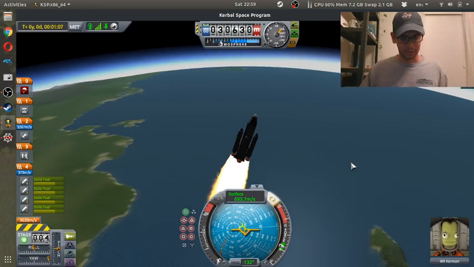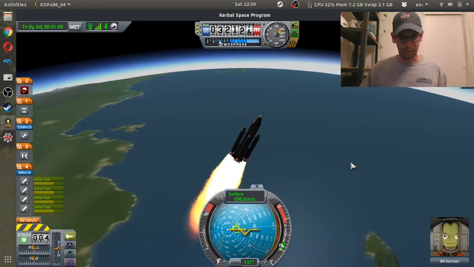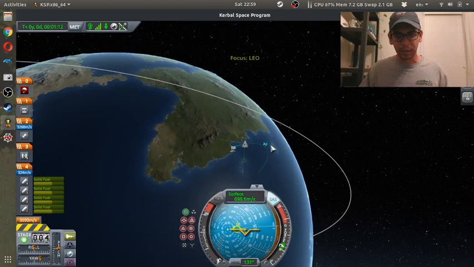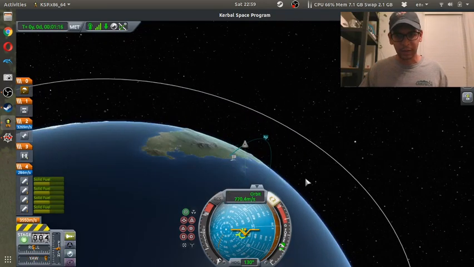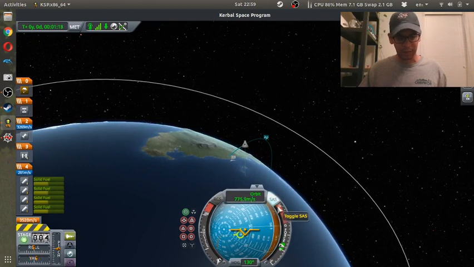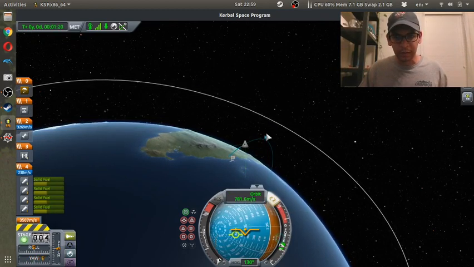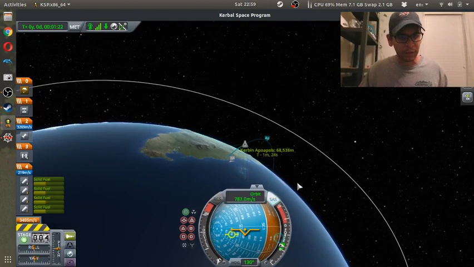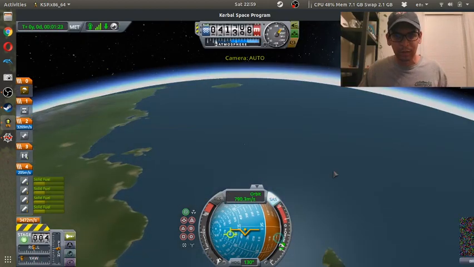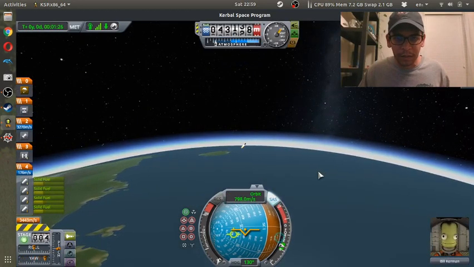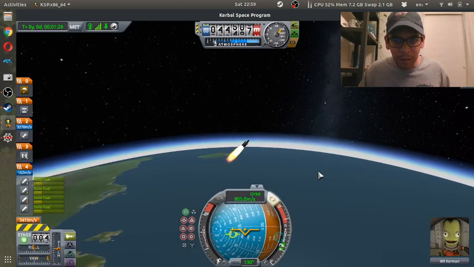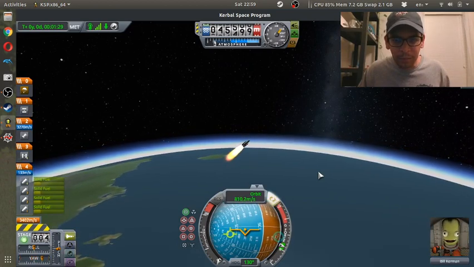There we go. Oh no, keep traction control on. I can't turn off these boosters, so I'm just going to keep angling to 90 degrees. Yeah, because that's just going to keep going up. Let's see, where's my rocket? Okay, come on, keep going, keep going, keep going.